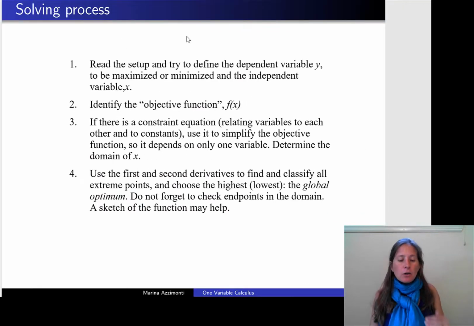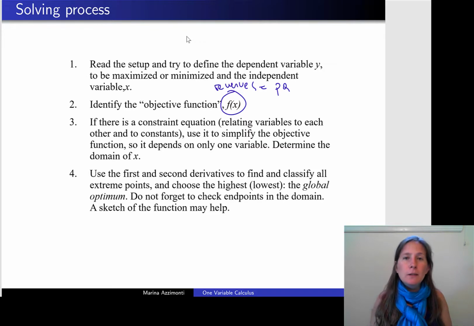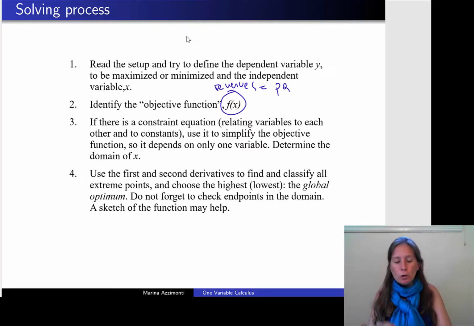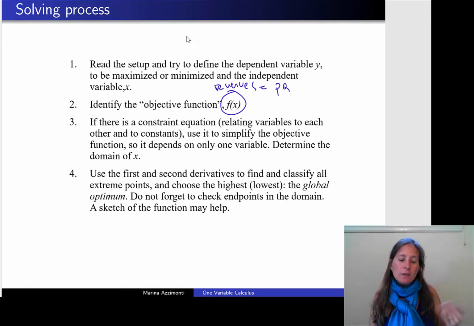Second, you want to figure out what your objective function is. So you want to define, as in the example, what revenues are. And revenues are typically price times quantity. That's going to be the objective function you want to maximize. Third, you want to identify whether there is a constraint that you need to be careful about.